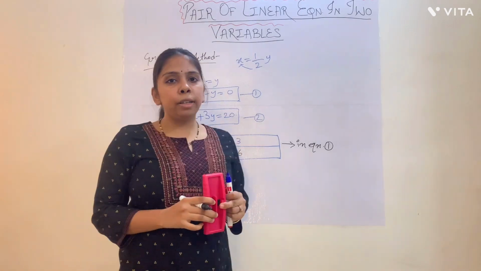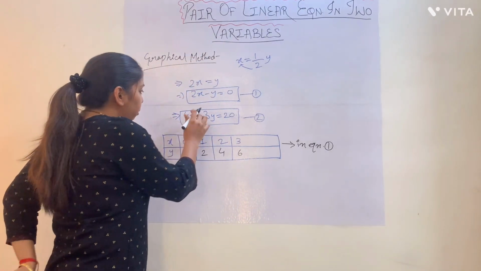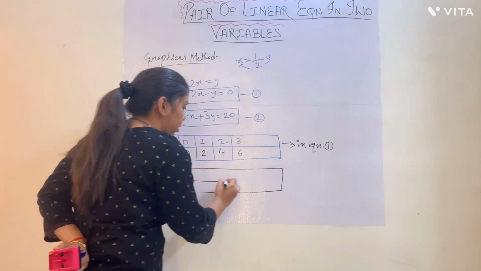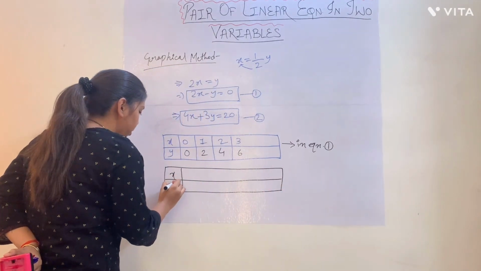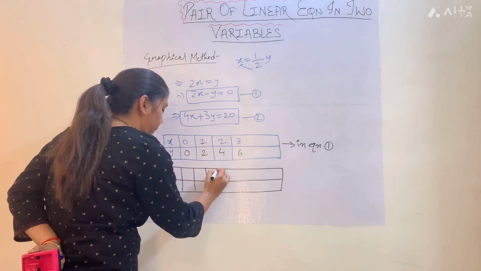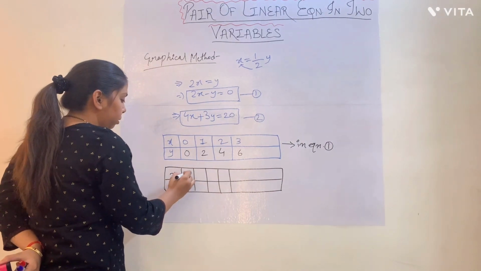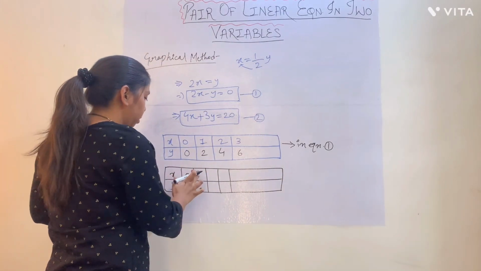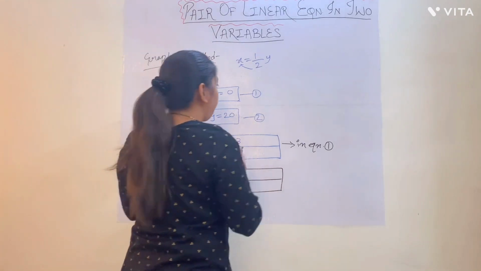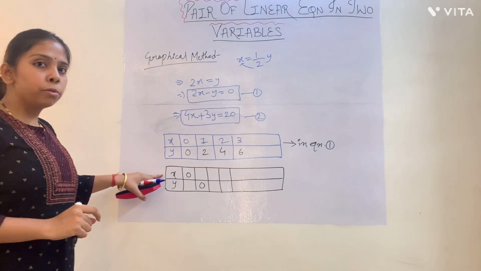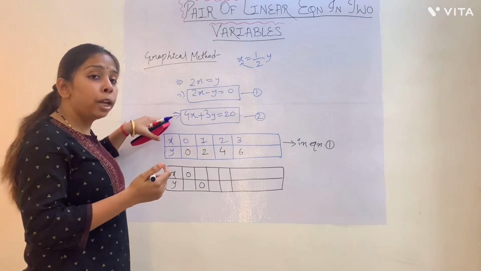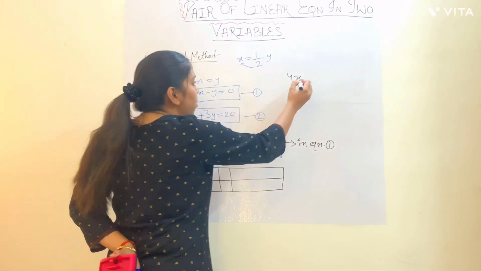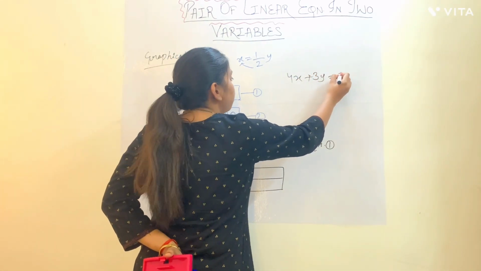For the second equation, we take other values. This is our second equation, 4x plus 3y is equal to 20.